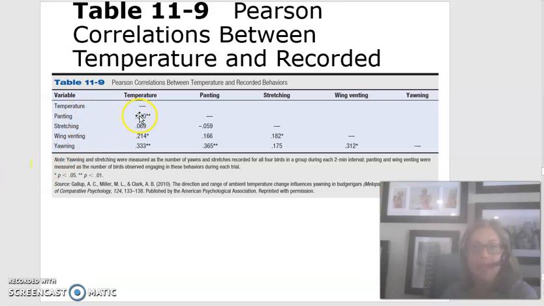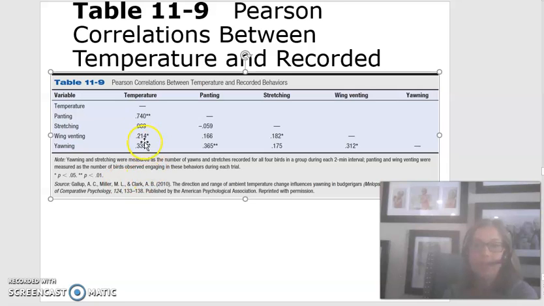The first number shows the correlation between temperature and panting. Then, what is the correlation between stretching and temperature? Wing venting and temperature? Yawning and temperature? The stars indicate that those are significant. This is called a correlation matrix.